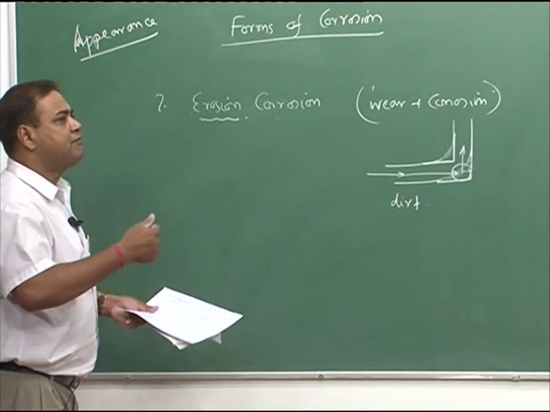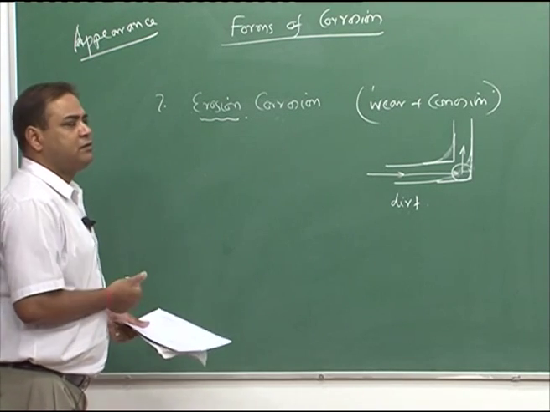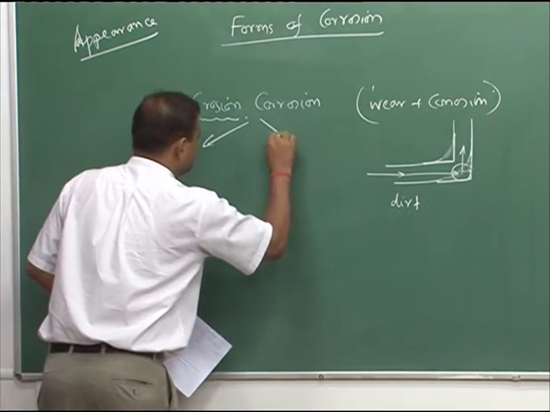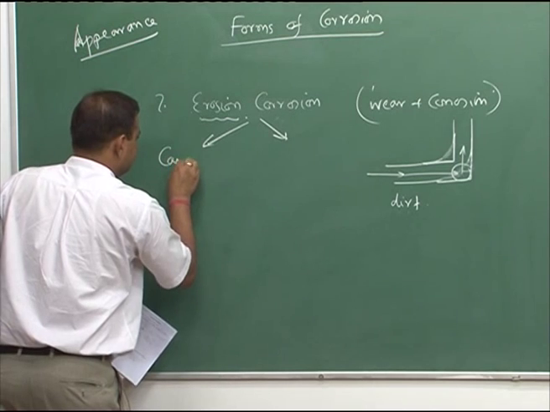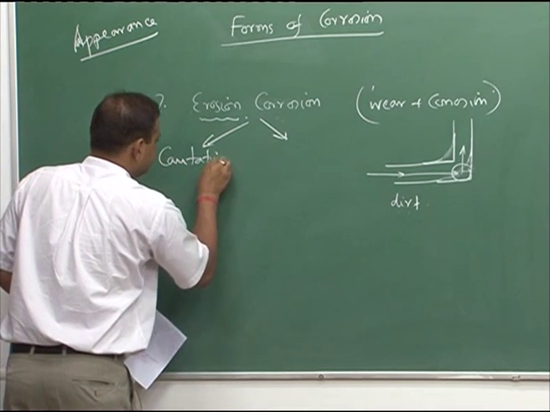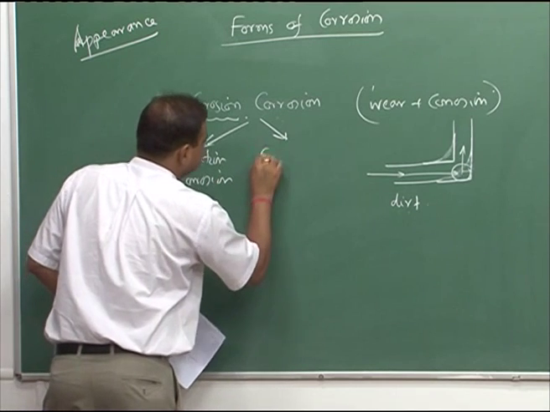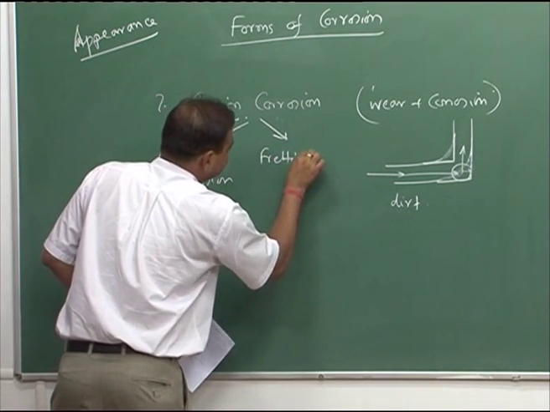Then we have a corrosion effect which is called cavitation corrosion. So, it can have two variations, one is cavitation corrosion, another one is fretting corrosion.